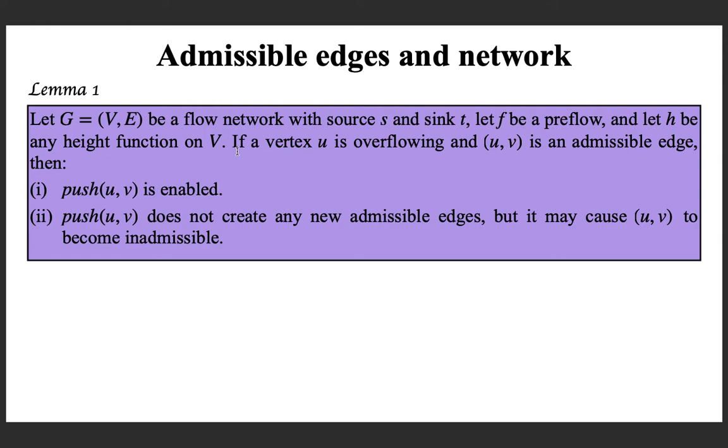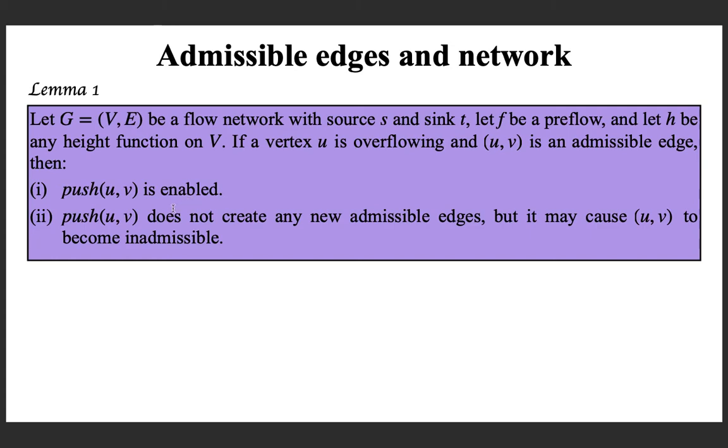Then the lemma claims that if a vertex U is overflowing, that is, some excess flow is there, and UV is an admissible edge, meaning from U to V you can push, then push is enabled on that edge, and it also claims that when you do that push operation, it will not create any new admissible edges. That means you don't have to change the residual network to proceed, because you are only interested in admissible edges.